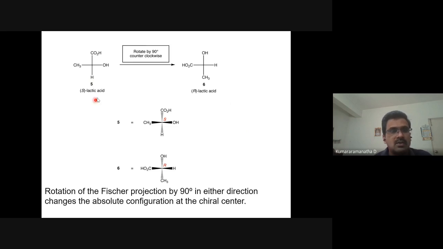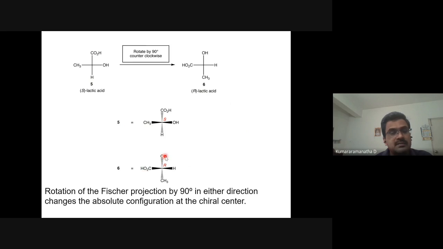Okay, so essentially how you are writing it is, you can see here, OH, CH2OH, this is away from you, methyl is towards you. So hydrogen, these three you can put in one plane. Even in that case, we get S kind of arrangement. In the case of this lactic acid R, COOH was coming, whatever was there, it becomes here.